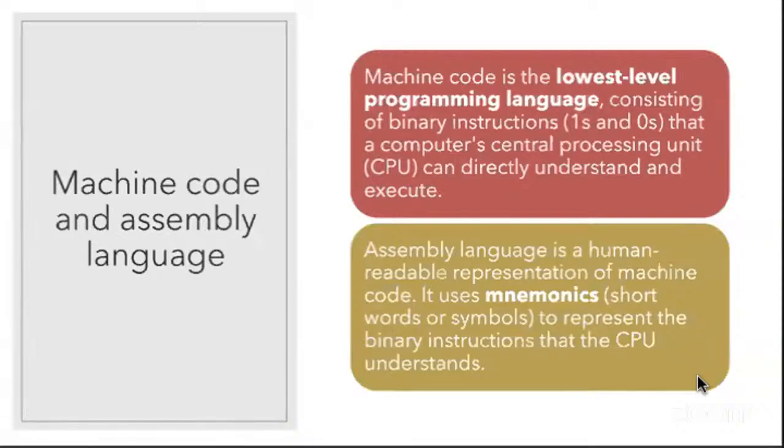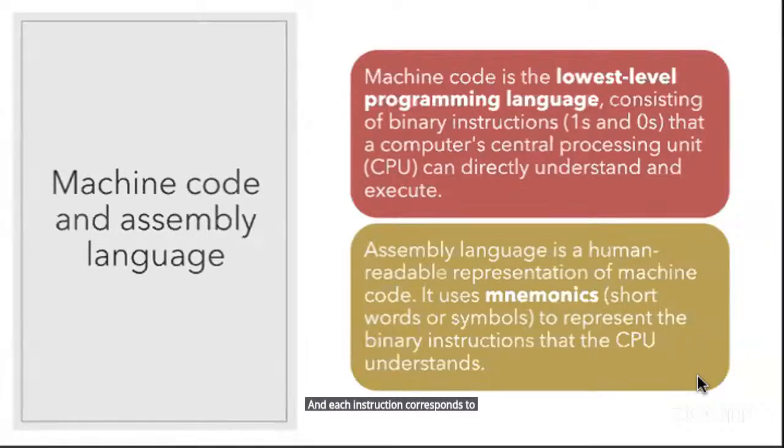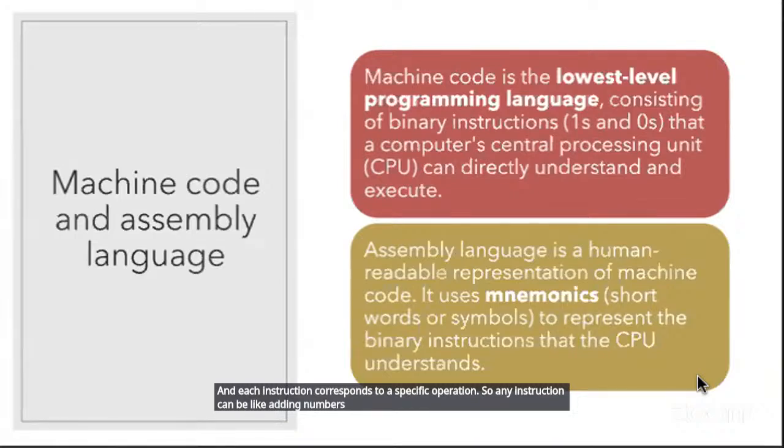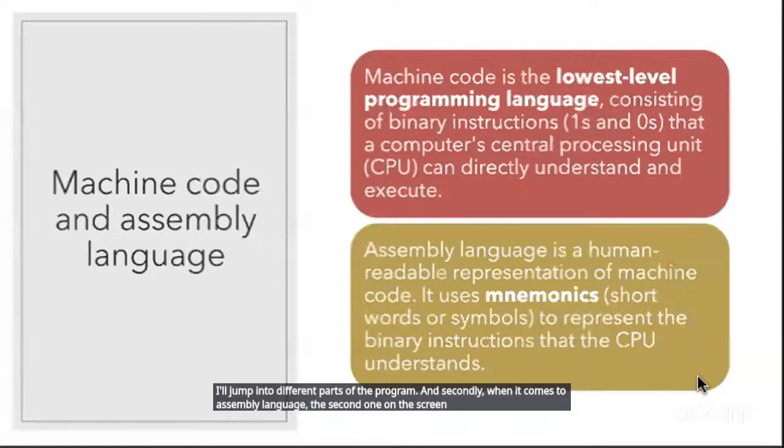Machine code instructions are represented in binary, and each instruction corresponds to a specific operation, like adding numbers, moving data from one memory block to another, or jumping to different parts of the program. Secondly, assembly language is a human-readable representation of machine code.